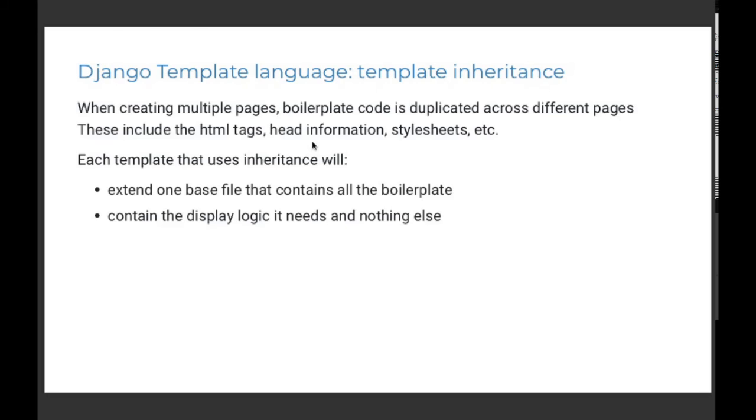So instead of doing that, you can create a base template that uses inheritance, and then you would have templates that extend that base file. Each of those templates would contain the display logic it needs and nothing more.